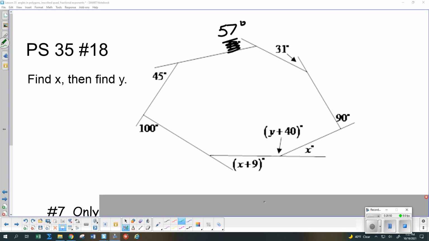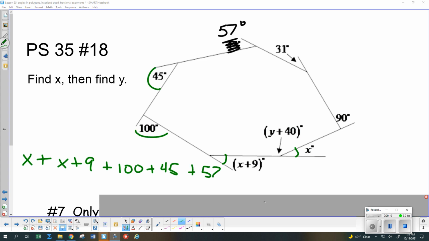So what we want to do to solve this one is to start writing down our exterior angles. I don't care which one you start with. I'm going to start with the x, and then add another one. And then I need the 100 and the 45. And then I need the 57 and the 31.